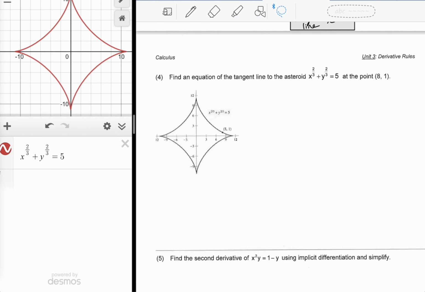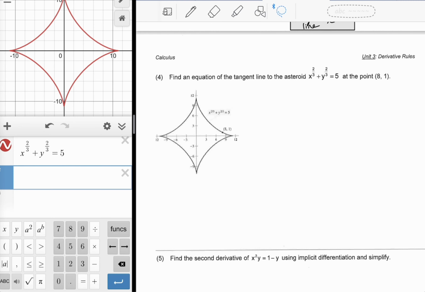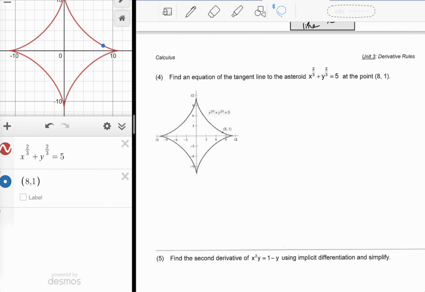Alright, so you get that nice graph. You can plot 8,1. So it's ready to rock and roll when we come up with the tangent line equation to see if it's valid.